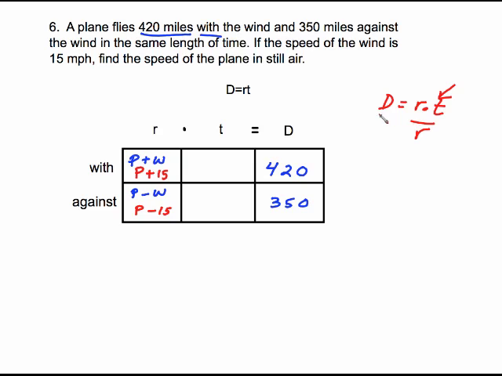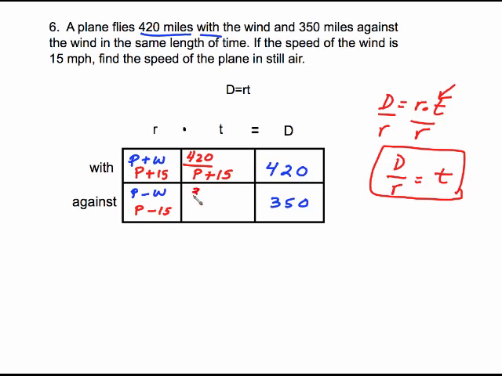Let's divide both sides by R. So D over R is the same thing as T. That's important because that's how I'm going to fill in my chart here for T. Since T is D over R, I'm just going to put this D, which is 420, over this R, which is P plus 15. And I'm going to do the exact same thing right here. This is 350, which is the D, over its R, which is P minus 15.